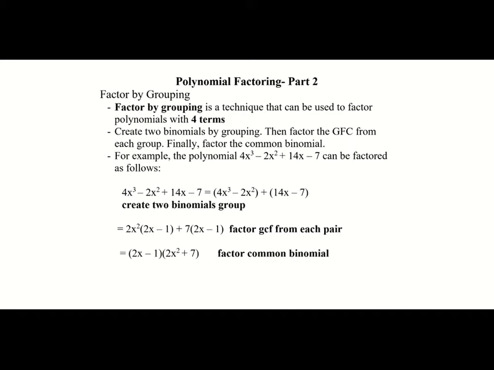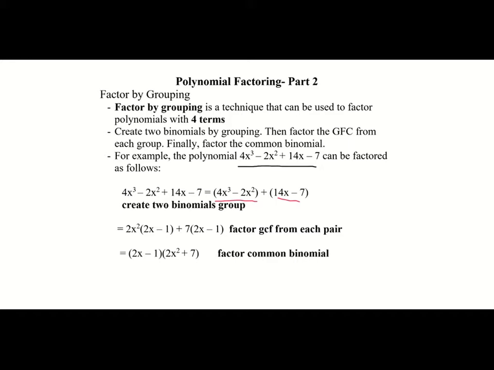So if you look here, we have 4x cubed minus 2x squared plus 14x minus 7. There's no greatest common factor that I can pull out of all 4 terms. But if I group it into 2 groups, 4x cubed minus 2x squared and 14x minus 7, I can pull a GCF out of each of these binomials.